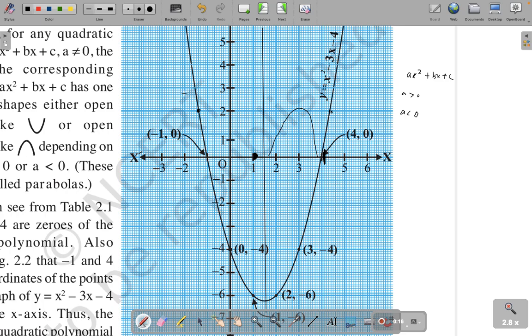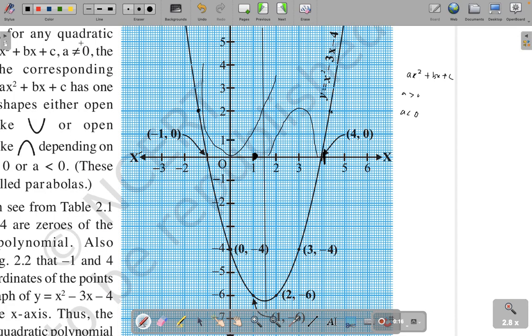And we also discussed those cases wherein, say, if it is intersecting, it has two roots. If it is just touching a point, it has two roots, but the roots are identical.